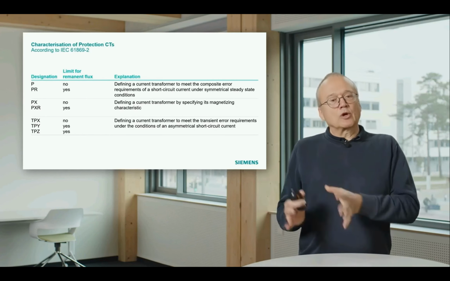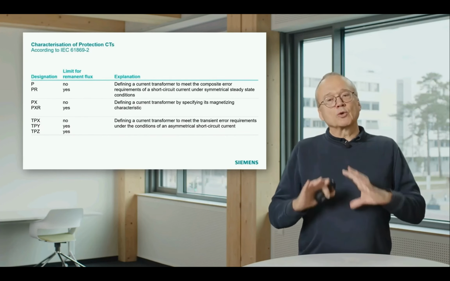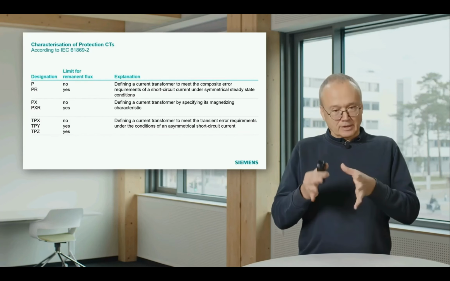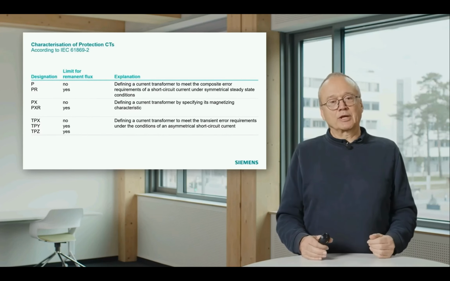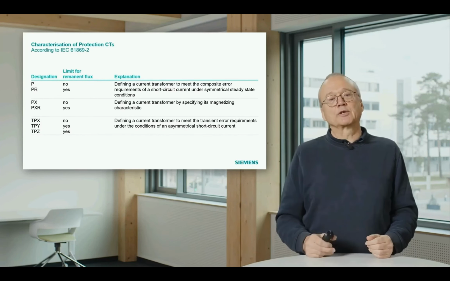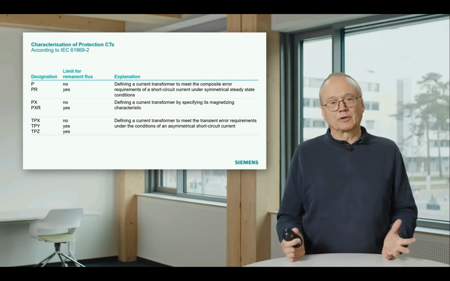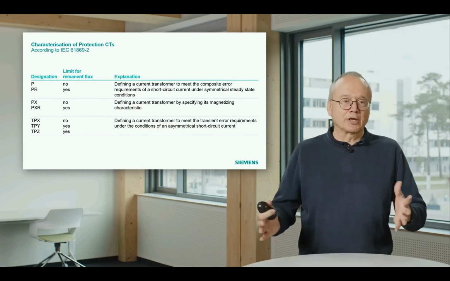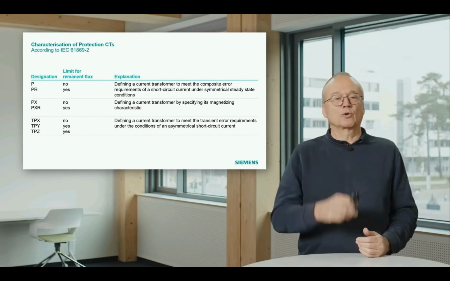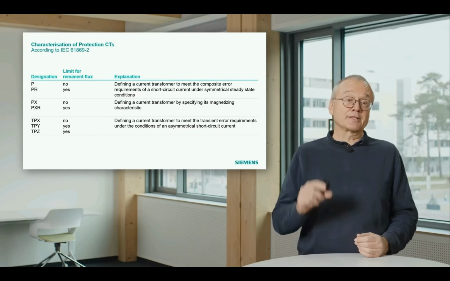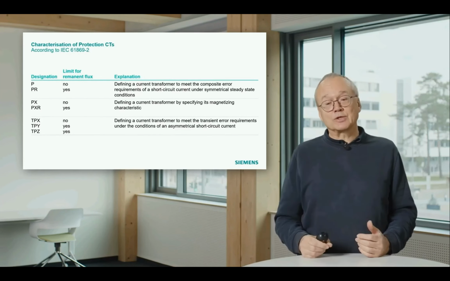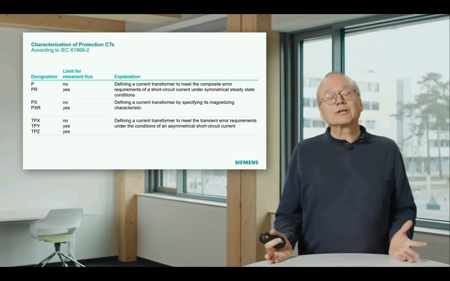At the end, we will talk about dimensioning rules. If you look into our manuals and want to check the dimensioning rules, there we have different dimensioning rules for all the different classes. That means the chapter about dimensioning rules is rather big because we have to consider all these classes. Additionally, we have to take into account that these current transformers tend to become very old.